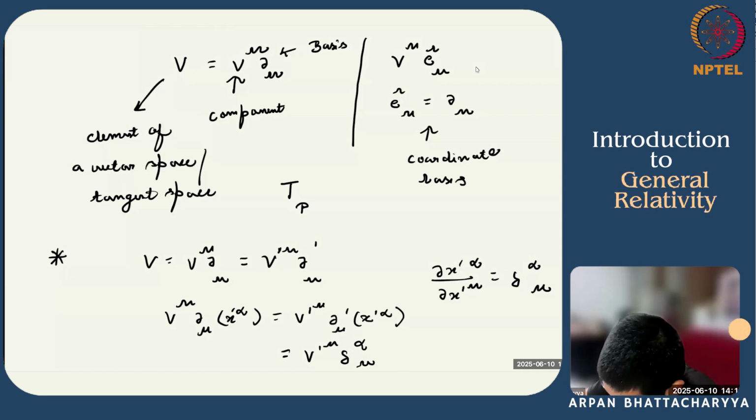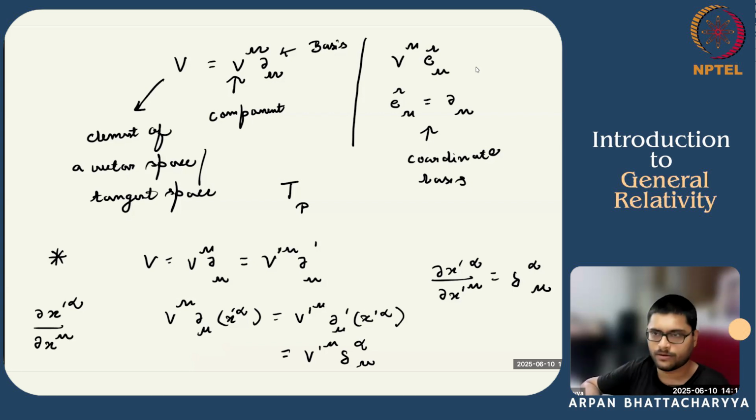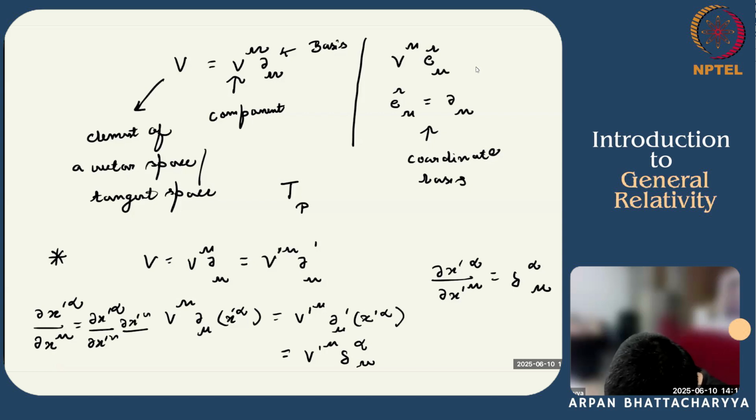Now what is this actually? It is del alpha acting on x mu. Then what you can do, you use the chain rule to make this x prime: del x alpha by del x prime mu, times del x prime mu by del x mu, chain rule.